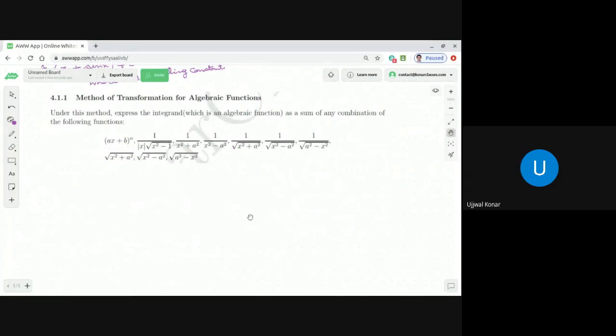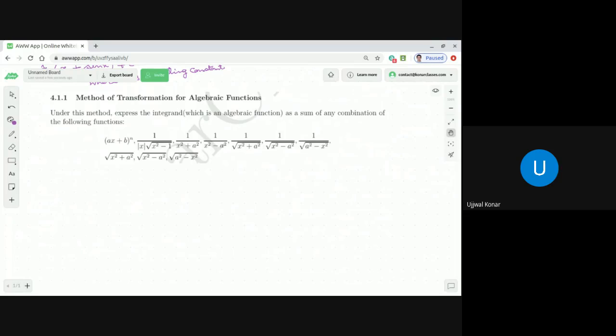Yes. So the method of transformation of algebraic functions says that under this method, express the integrand, which is an algebraic function, as a sum of any combination of the following functions.